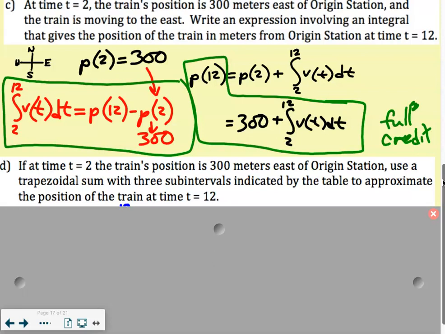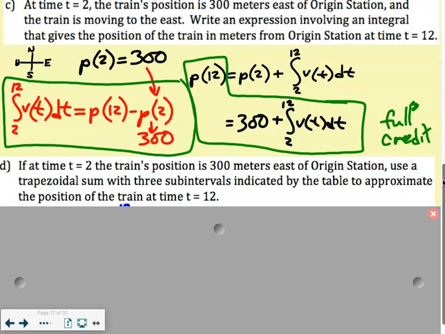Trapezoidal sums do not give you the position at time 12. A trapezoidal sum is an approximation of a definite integral. So this is what's approximated by your trapezoids. Whatever you get, you still have to add 300 to get the position.